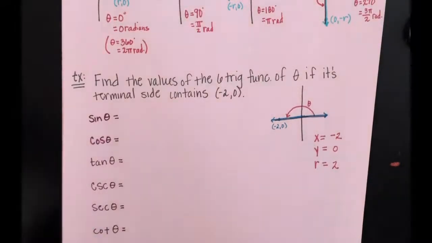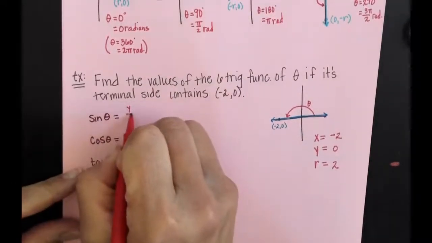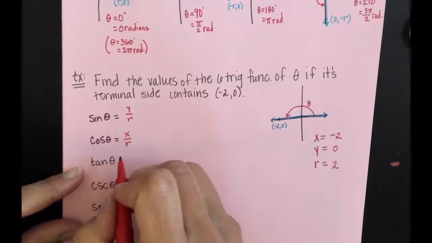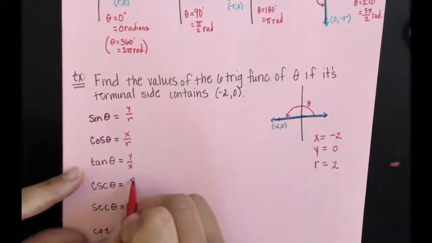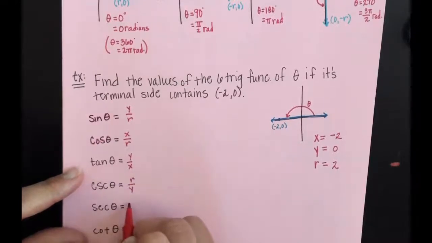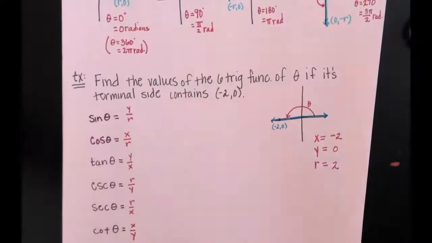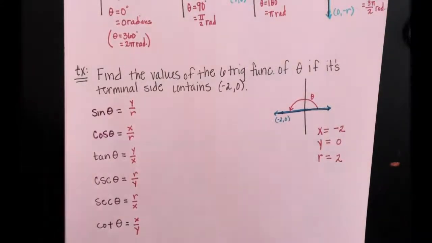But we do have, again, that sine is y over r. We have x over r. We have y over x, and then all of the reciprocals, r over y, r over x, and x over y. And now I'm just going to use these values to plug them in.